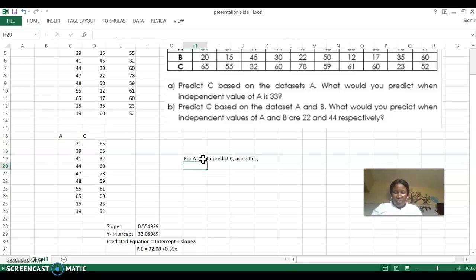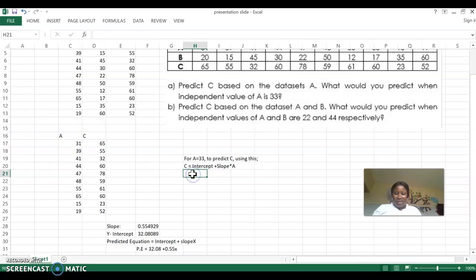C equals intercept plus slope multiplied by the value of A. I'm going to use this formula to predict the value of C.